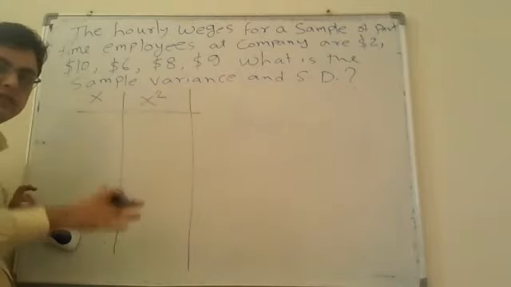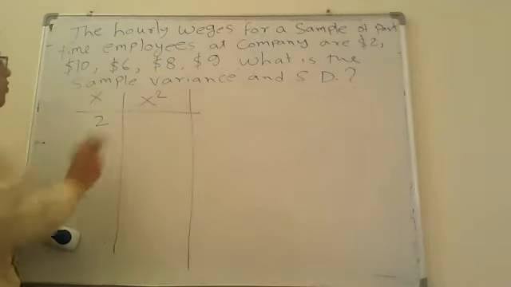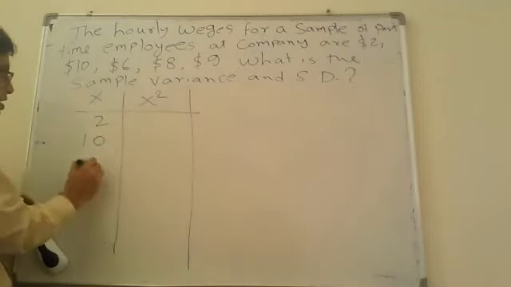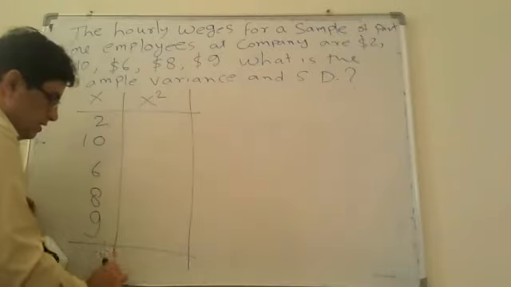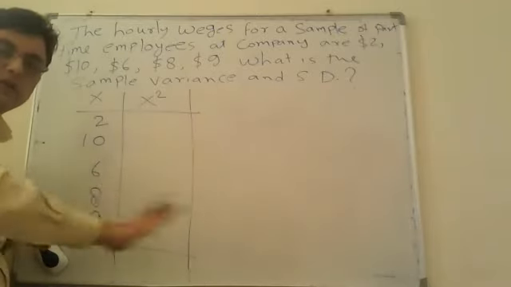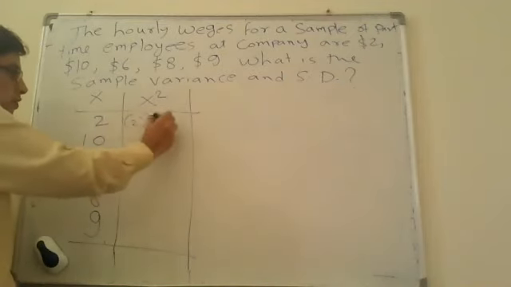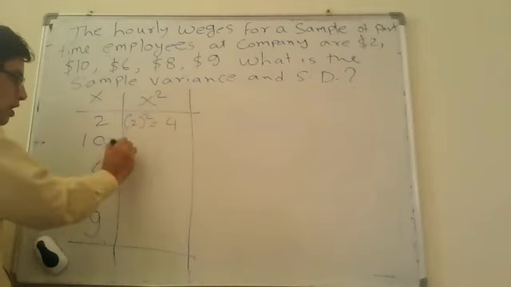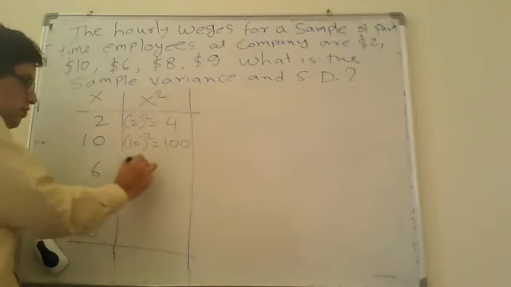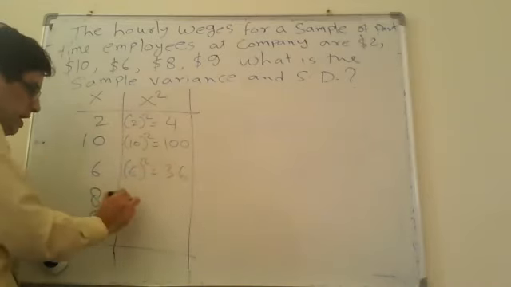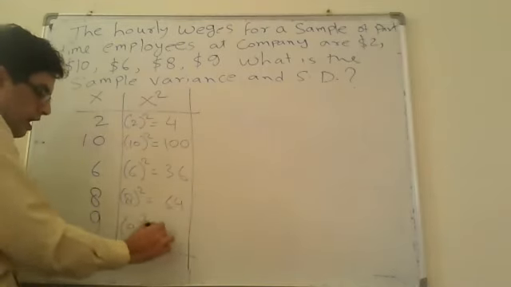This is easier compared to the previous one. Here we don't need to find the mean. The x squares: 2 squared is 4, 10 squared is 100, 6 squared is 36, 8 squared is 64, and 9 squared is 81.